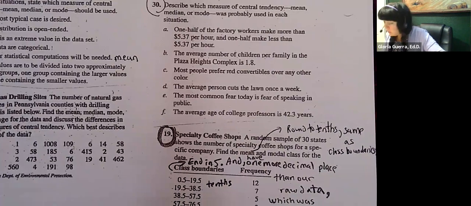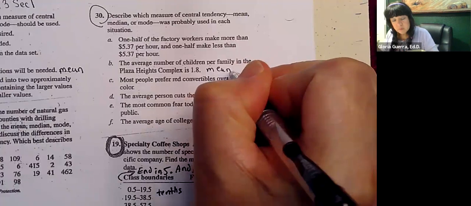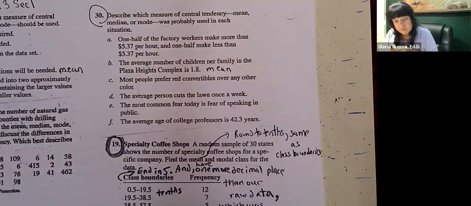Look at 30B. It says the average number of children per family in the Plaza Heights complex is 1.8. So the average number, you add them up and divide by how many children there are. That would be an example of the mean. And then F, the average age of college professors is 42.3 years.